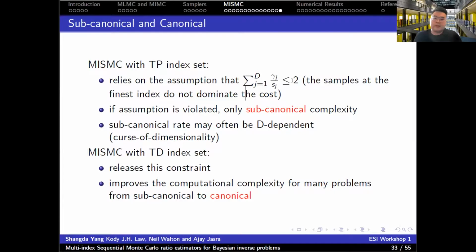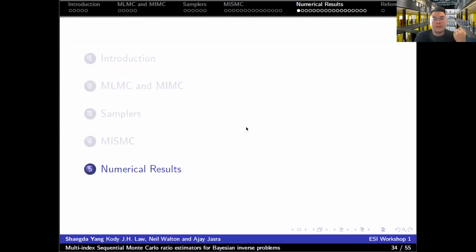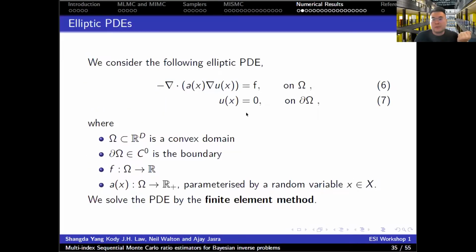If this is violated, we can only achieve the subcanonical complexity because the cost at the final level dominates the whole cost. This often occurs in high-dimensional problems, due to the curse of dimensionality. But with the TD set, we can release this constraint, and we improve the computational complexity for many problems from subcanonical to canonical. Let me show some numerical results.